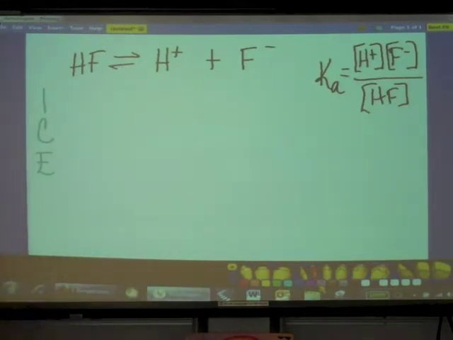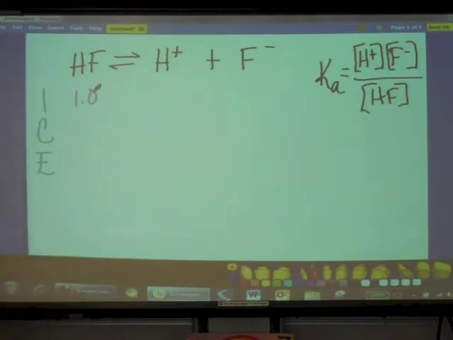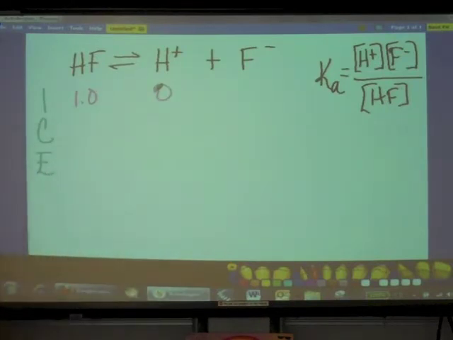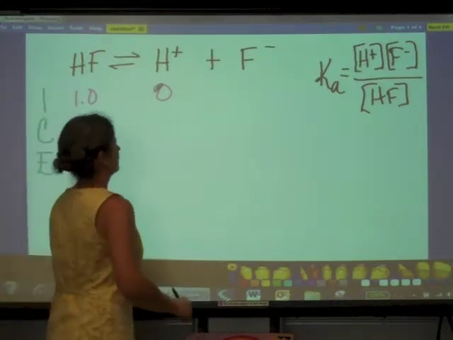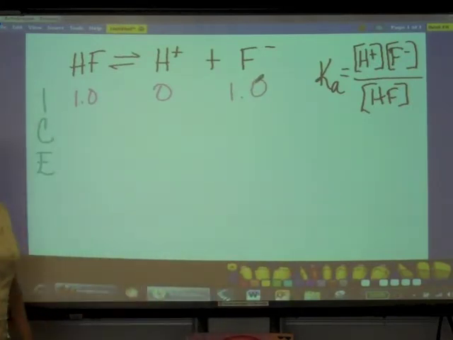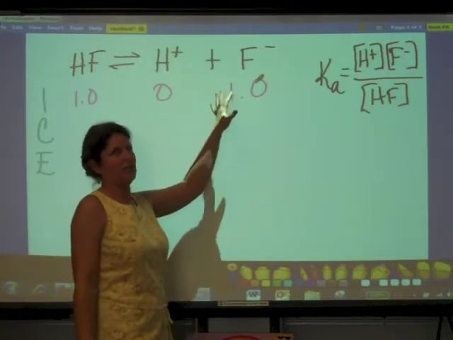So what's my initial concentration of hydrofluoric acid? One molar. What's my initial concentration of hydrogen ion? 0. What's my initial concentration of fluoride ion? 1 molar. Why is the concentration of fluoride initially 1 molar? Because of the sodium fluoride salt that's in the solution.